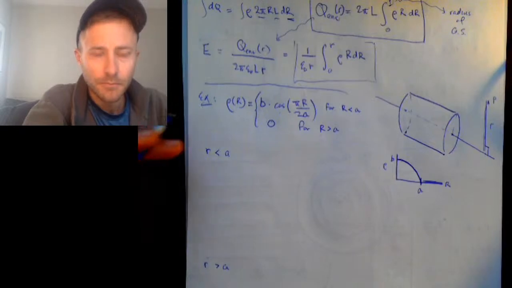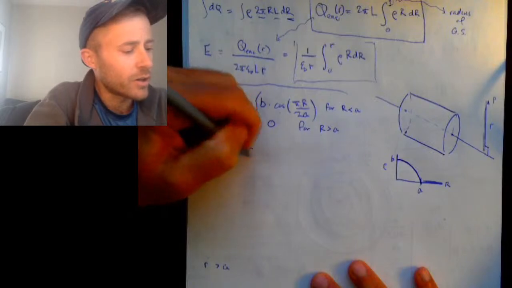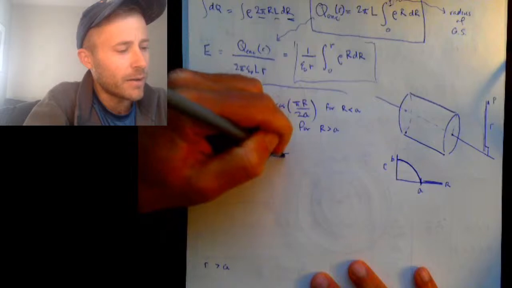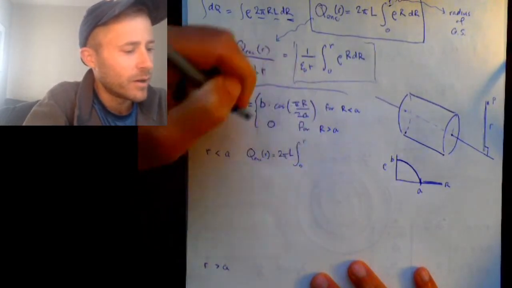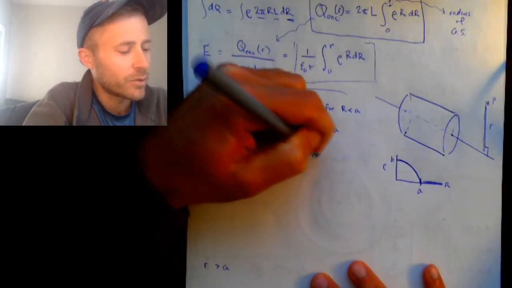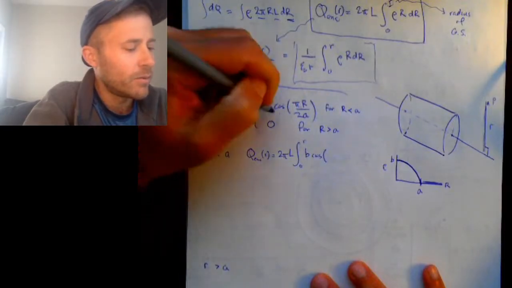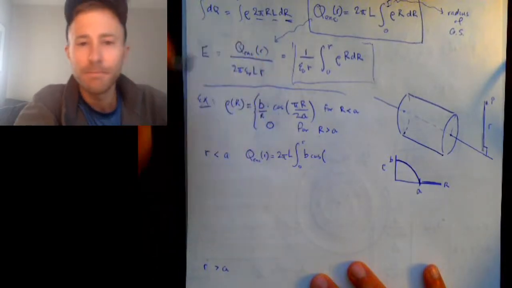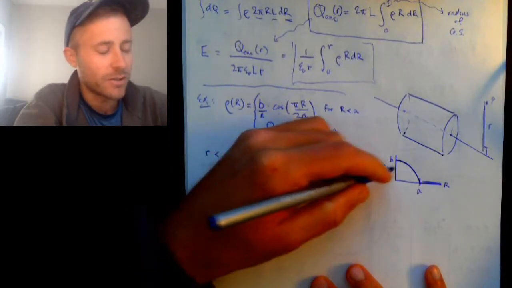All right? So if it's less than a, our charge enclosed as a function of little r is 2 pi L times the integral from 0 to little r of b times cosine of... I meant to put a 1 over big R here. My bad. So it actually doesn't look like this.